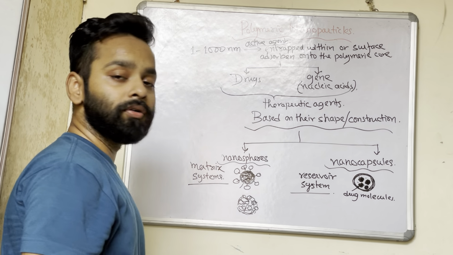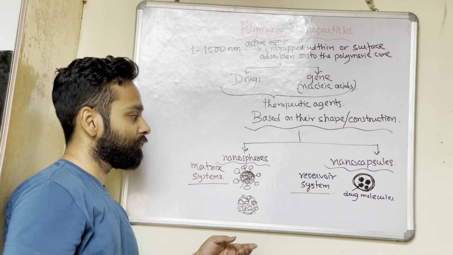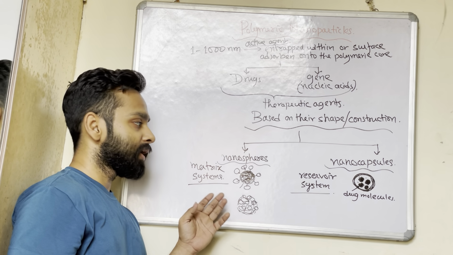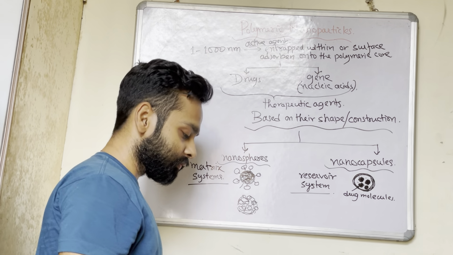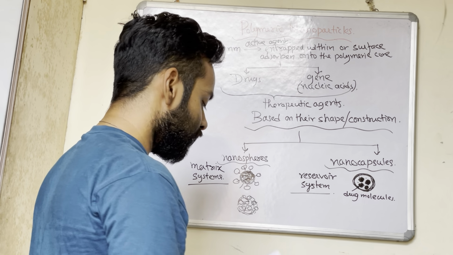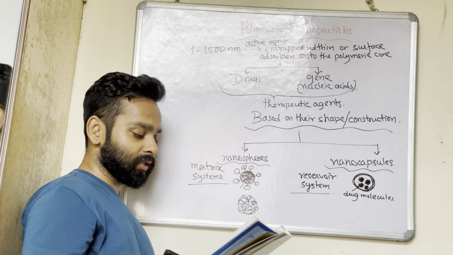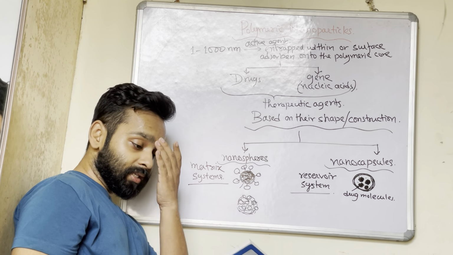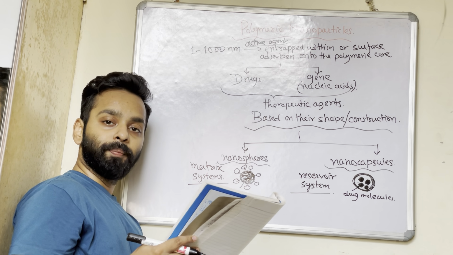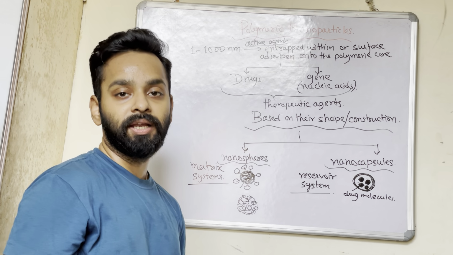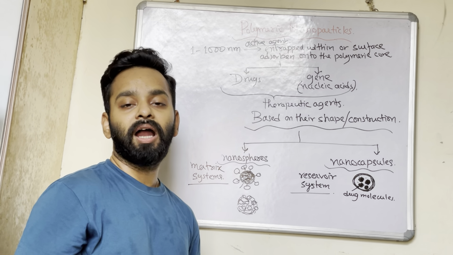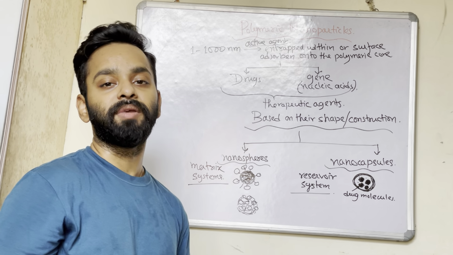So according to the construct, the classification of these polymeric nanoparticles were nanospheres and nanocapsules. Now coming to the main applications of such constructs, these constructs will be able to protect the active biological ingredient inside the harsh in vivo conditions of living beings.